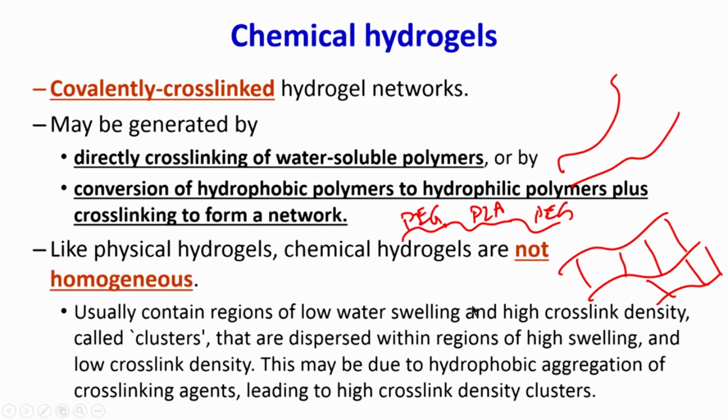And so, if I have a heavily cross linked area, then it will have low water swelling and high cross link density, and these can be called clusters. These will be dispersed throughout regions which may have high swelling because of low cross linking density. And this could be because of several reasons.